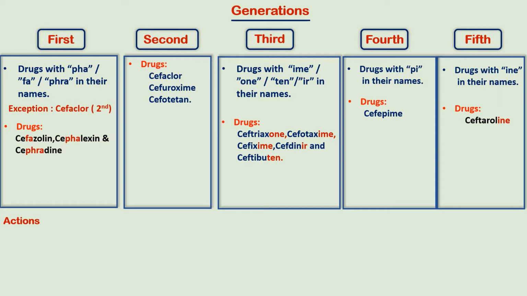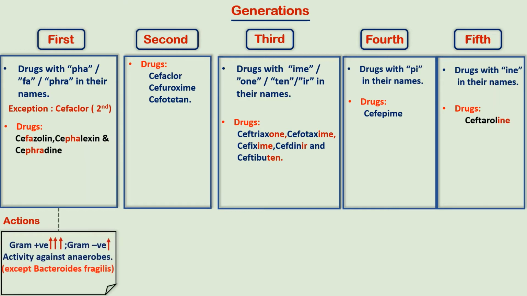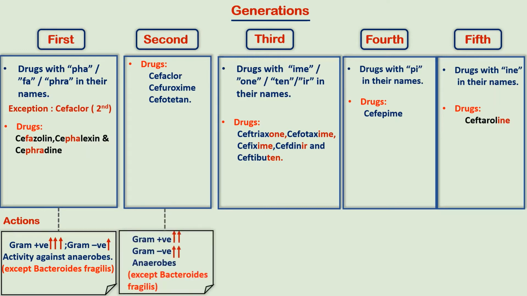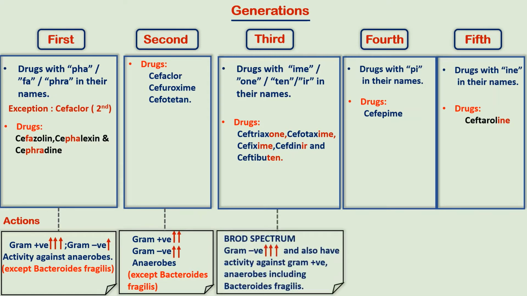So the first generation will have immense gram-positive activity, some gram-negative activity, and activity against anaerobes except B. fragilis. The second generation will have gram-positive and gram-negative activity, but the gram-negative is increasing, and anaerobes except B. fragilis. The third generation is one of broad spectrum.